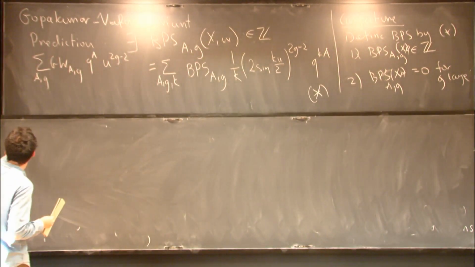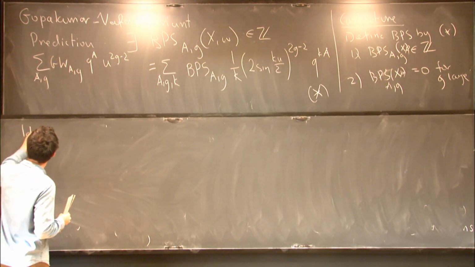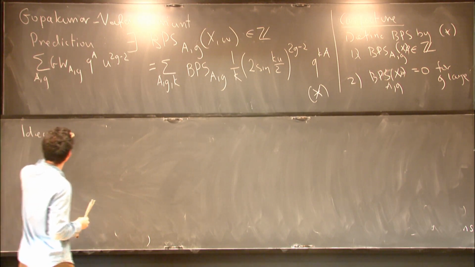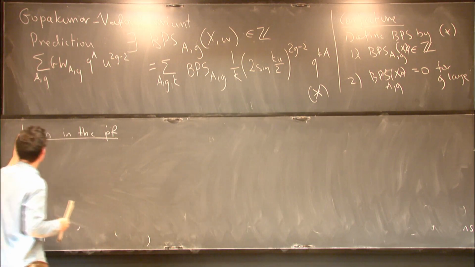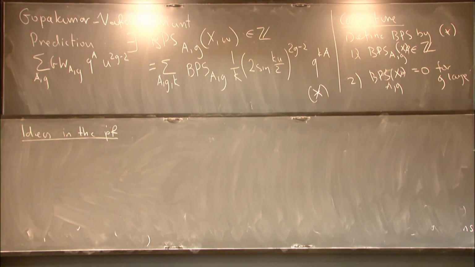Maybe I will talk about some ideas involved in the proof. So I will talk a little bit about what goes into the proof, and then maybe I will try to say some speculations about what to do when your class is not primitive.